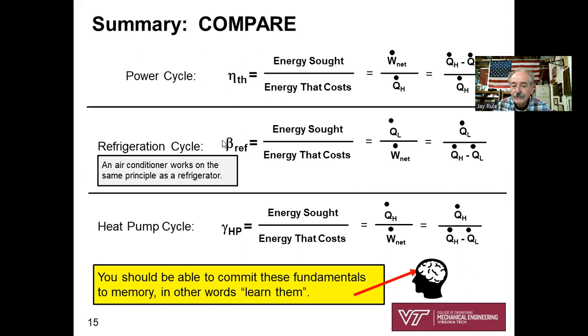Refrigeration cycle is the coefficient of performance, beta. And gamma is the heat pump coefficient of performance. I've drawn a little icon of your head: you should be able to commit these fundamentals to memory and get them learned, not necessarily rely on a formula sheet to write all this stuff out.